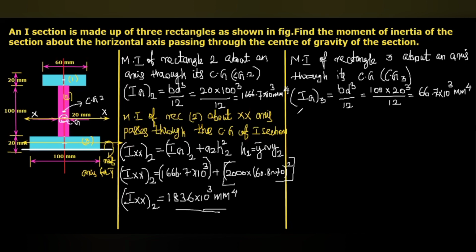Then the moment of inertia of rectangle 3 about the XX axis, which passes through the CG, that is the center of gravity of the I section.